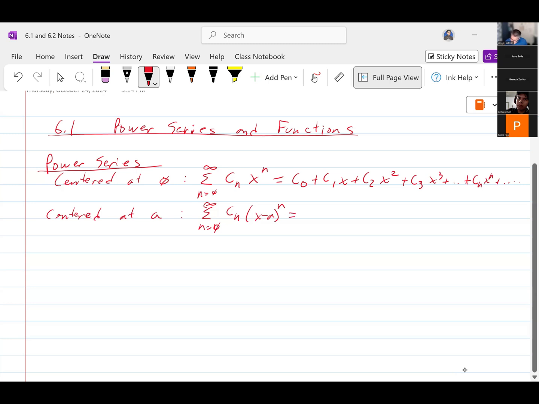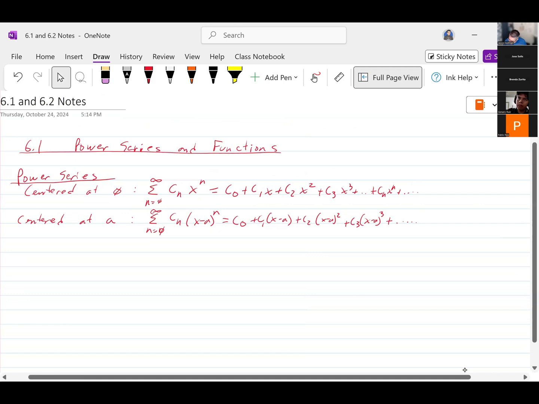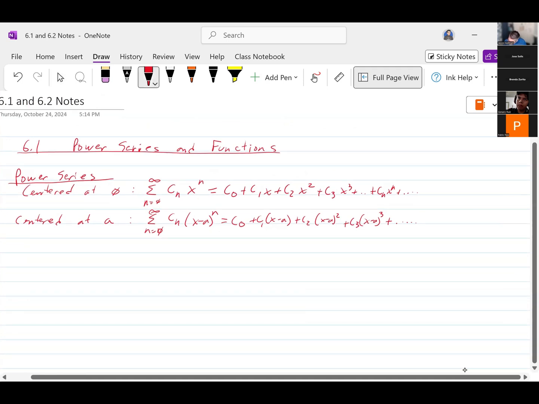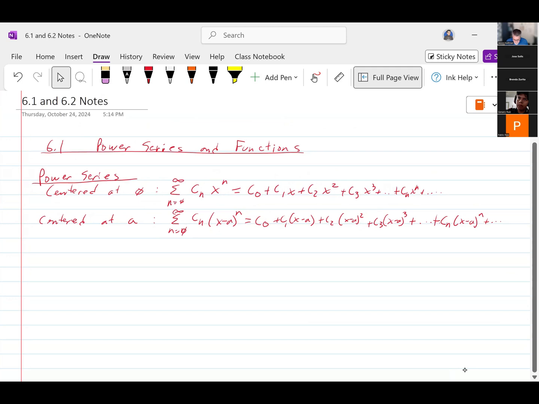And that's going to equal c sub 0 plus c1 times (x minus a) plus c2 times (x minus a) squared plus c3 times (x minus a) cubed plus dot dot dot, plus cn times (x minus a) to the nth power plus dot dot dot. Goes on forever.